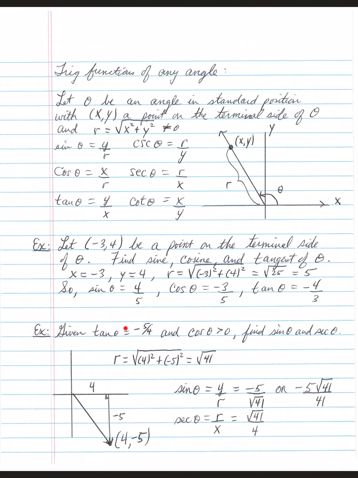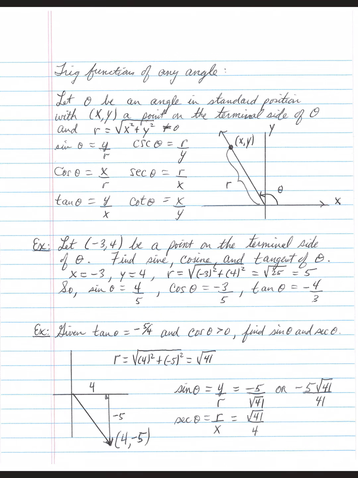Since tangent is negative, one or the other of x or y has to be negative. Now in quadrant 1, all values are positive. In quadrant 4, your x's are positive, but your y is negative.